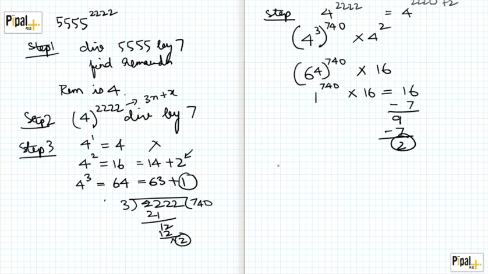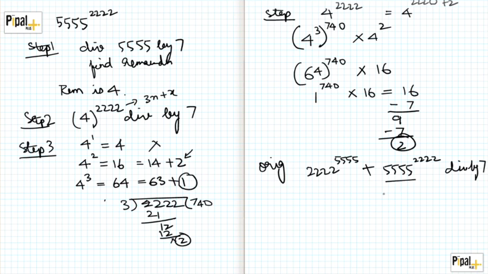Now let's come back to the original problem. So the original problem was 2222 to the power 5555 plus 5555 to the power 2222 divided by 7. So this whole thing I've just calculated leaves a remainder 2, and this whole thing I've just calculated leaves a remainder 5, right?